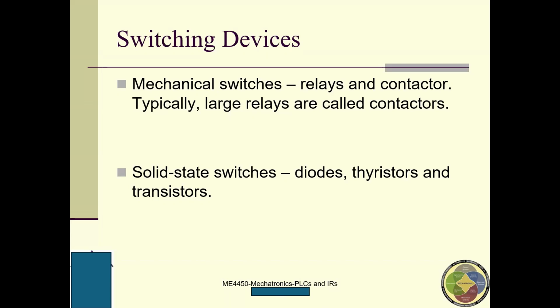C is also collector, okay? C means collector. Here is E. E means emitter. Emitter means something that emits things, emits current.